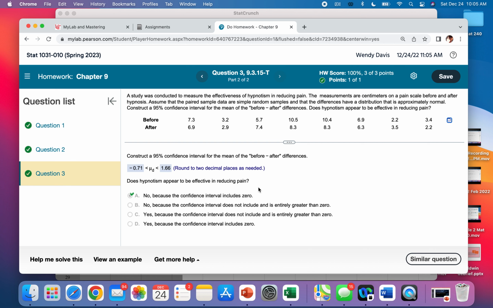Does it seem to be effective? You see how 0 is in that interval? So the answer is no, because the interval includes 0. We're saying that for before minus after, the confidence interval could be 0. If before and after are the same thing, then it didn't do any work. And that's the end of our lesson.